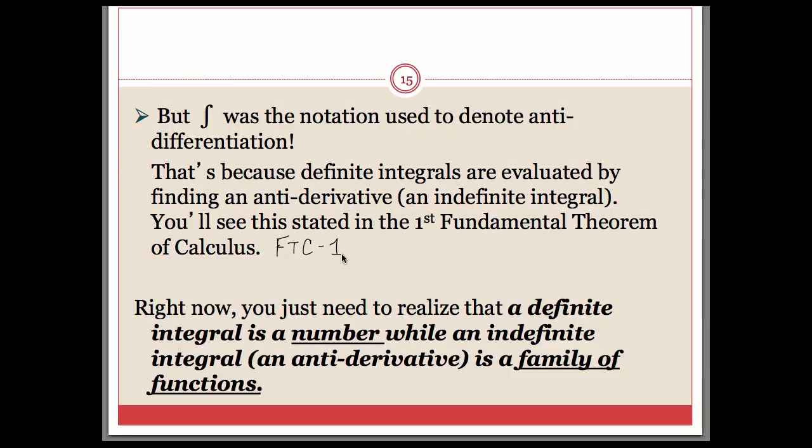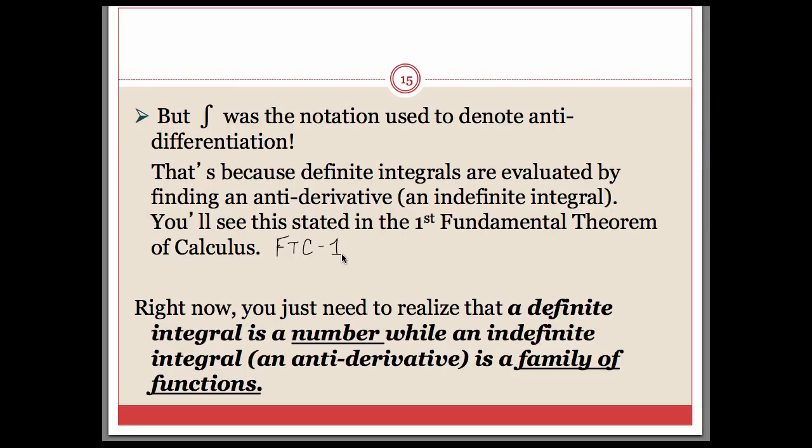So right now, the big thing you need to realize is that a definite integral is going to be a number. Okay, it's representing an area under a curve. Think back to everything you did with antiderivatives. When you found antiderivatives, remember you always had an equation for an answer. That's a big thing you need to realize right now, is when you have a definite integral, the interpretation is that of area under a curve. So you're going to get a number answer.